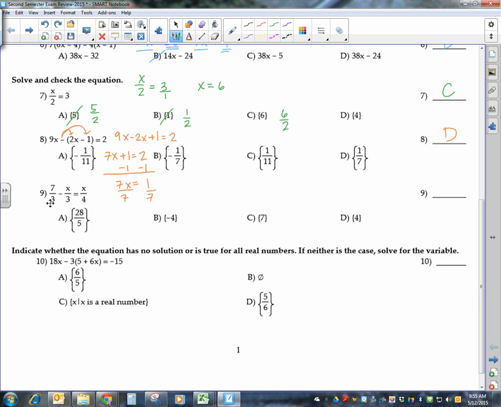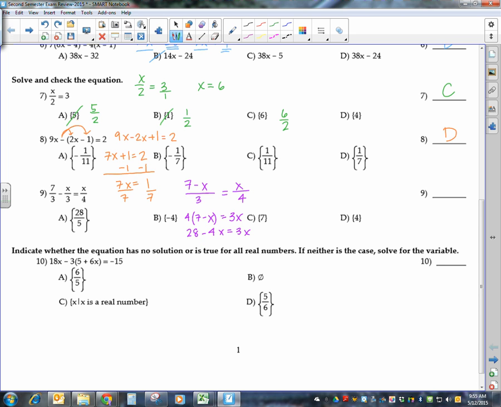The other thing, since these are the same, this problem can be written by combining those two over the same denominator, x over 4. Then we cross multiply just like we said. That's 4 times 7 minus x is equal to 3x, which is 28 minus 4x equals 3x.